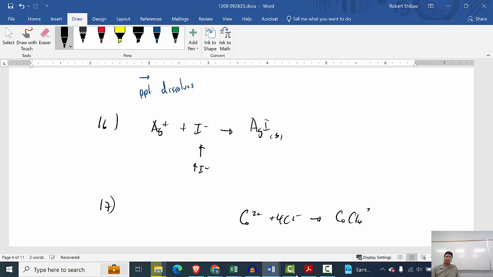So the hotter temperature favored what color? Red. And the cooler temperature favored what color?